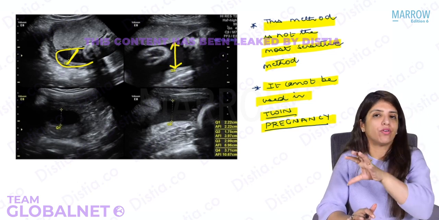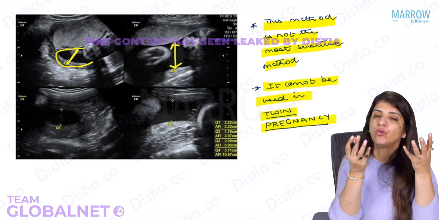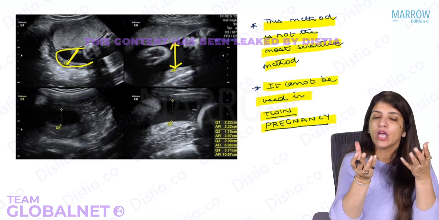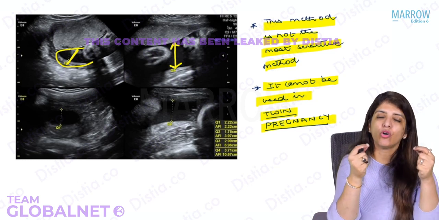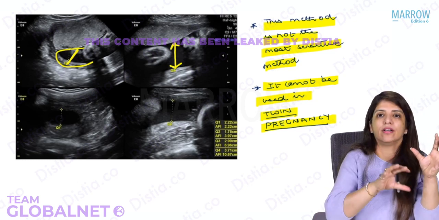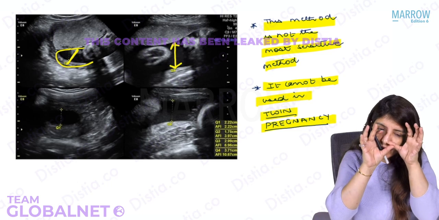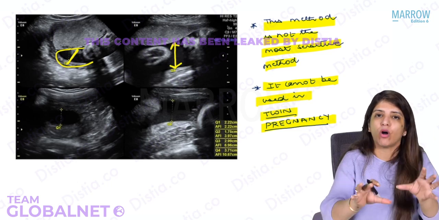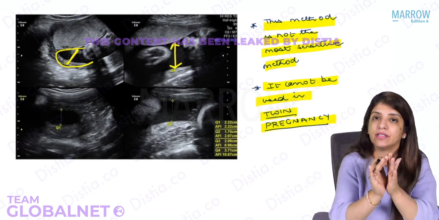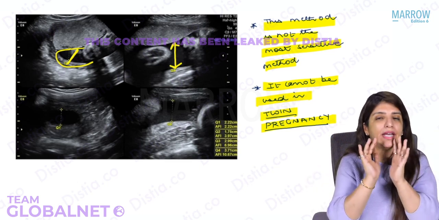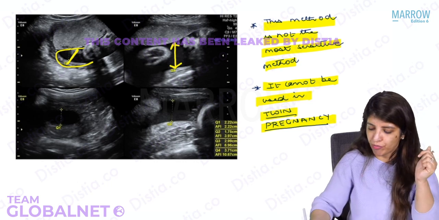And in each quadrant, I was seeing that amniotic fluid is appearing in the form of pockets. So I was measuring the largest vertical diameter of each pocket, of each quadrant, and then I was adding them. Right? But this is not the most sensitive method.